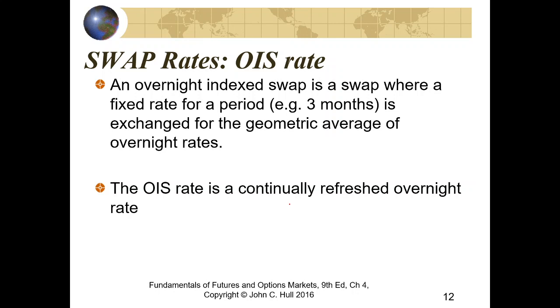Since the overnight rates are changing every day, the OIS also is continually refreshed. So today the OIS is something, tomorrow it's something different, based on the overnight rates for this day.